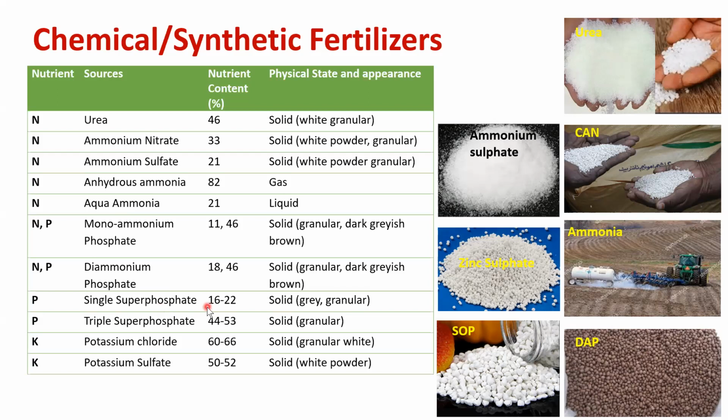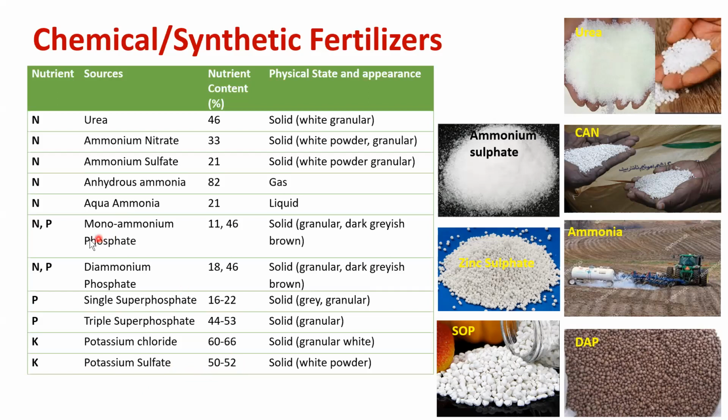Then we have single superphosphate, which has 16% to 22% phosphorus, and triple superphosphate, which is 44 to 53% phosphorus. Then we have potassium chloride, which has 60 to 66% potassium, and potassium sulfate, which is 50 to 52%.